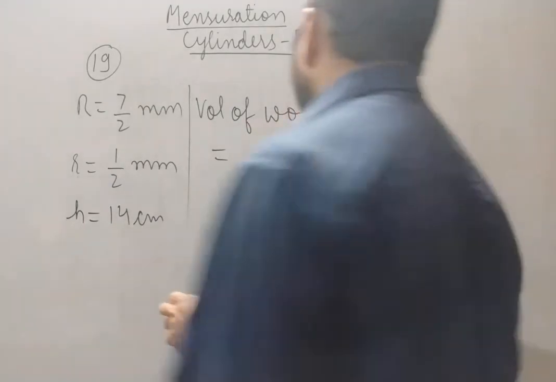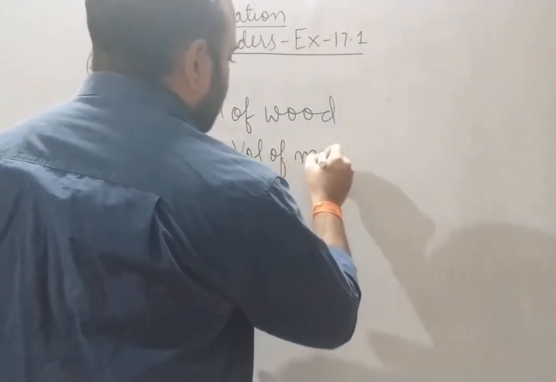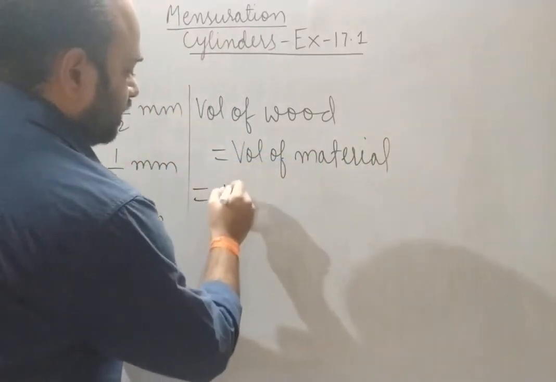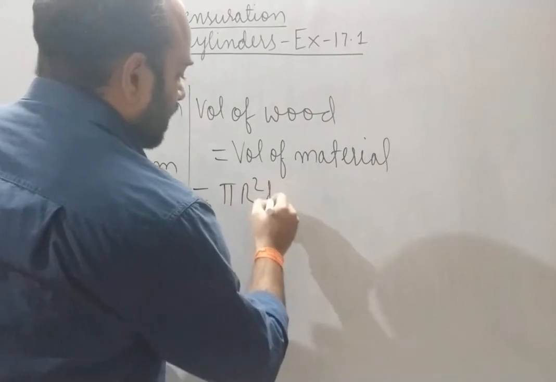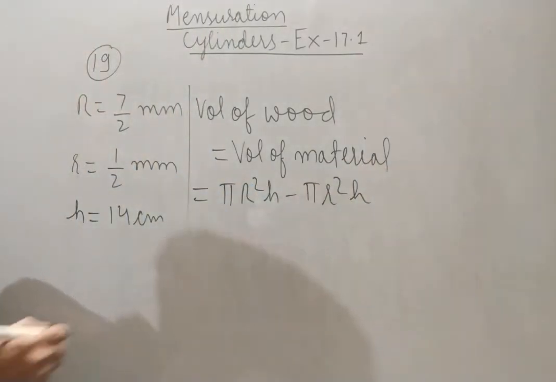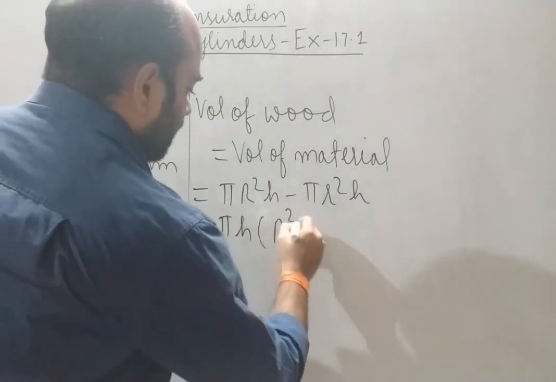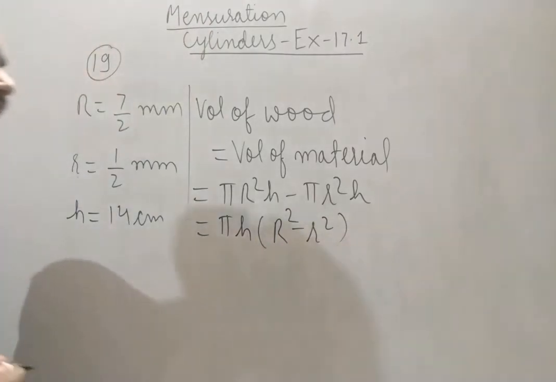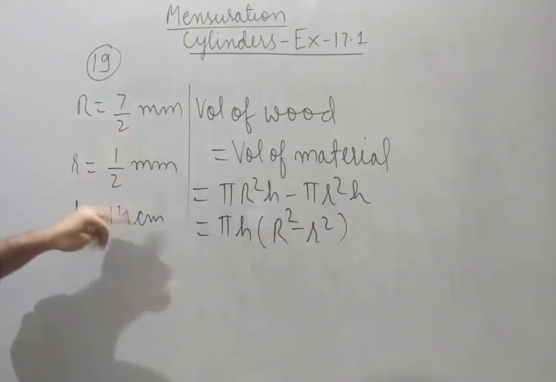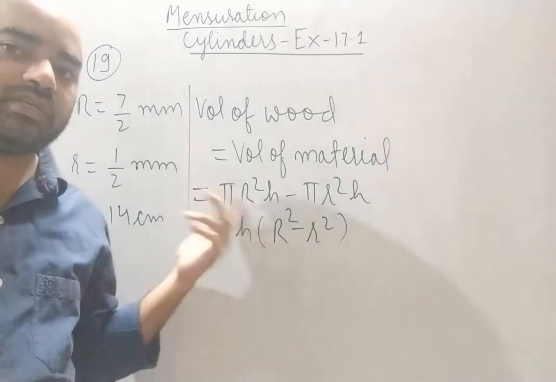It means volume of wood means volume of material, that is pi capital R square h minus pi small r square h. Correct? So pi h is common again: capital R square minus small r square. But another problem is there. See, millimeter, centimeter. So we have to convert millimeter to centimeter.